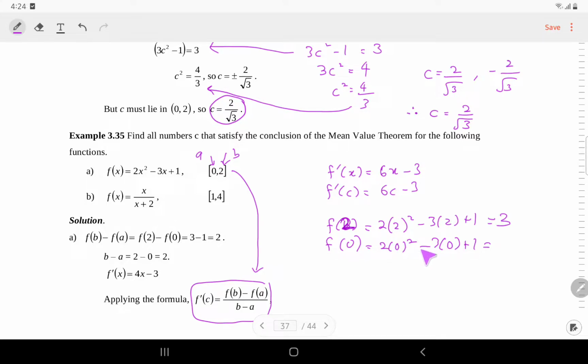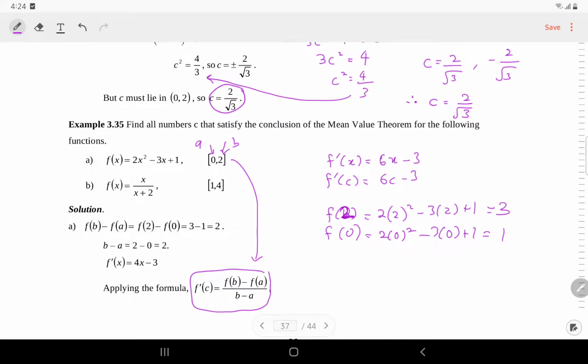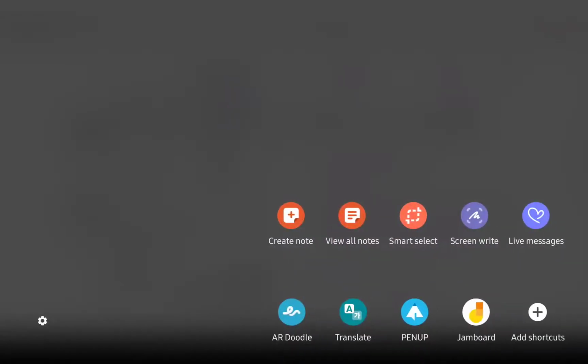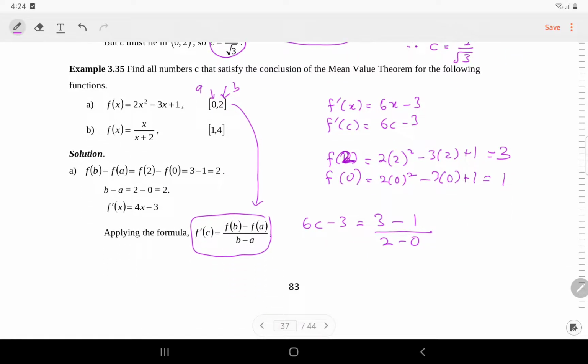So here is 0 minus 0 plus 1, so it is equal to 1. Okay, so insert all of this into the formula. So our f prime c is 6c minus 3 equals fb is 3 minus fa, our fa is 1, divide by b minus a. So b minus a, 2 minus 0.